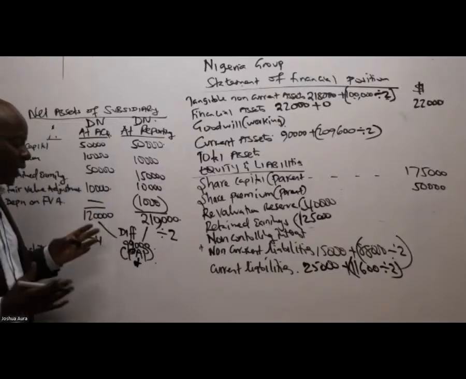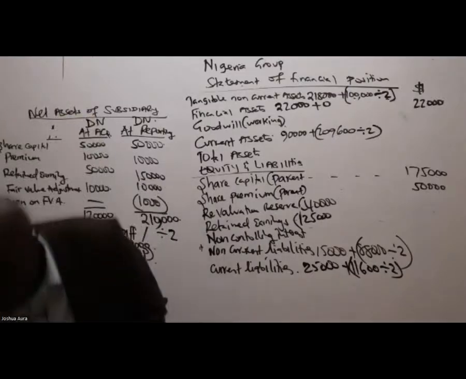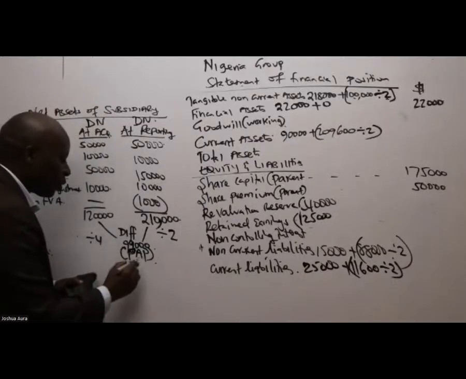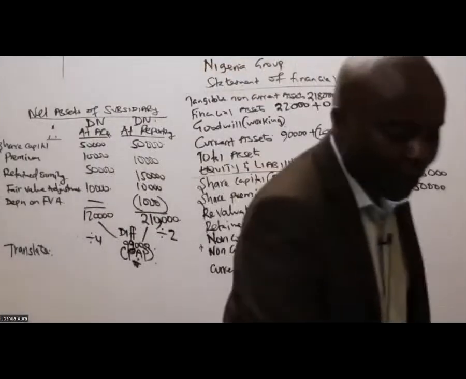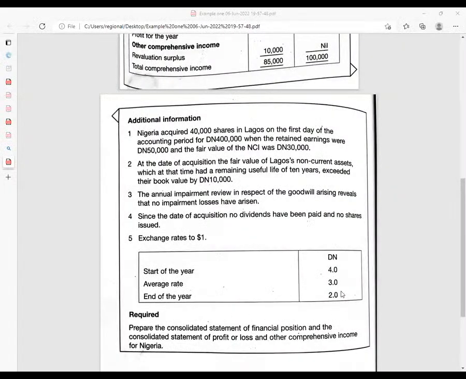So look for the average rate, and then we use it here. Divide this by the average rate. The average rate has been provided. It's 3, so divide this by 3.